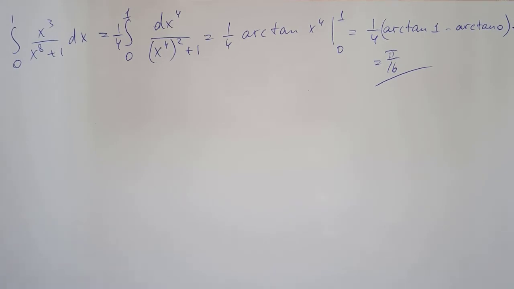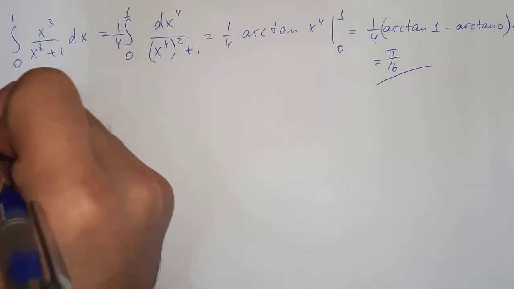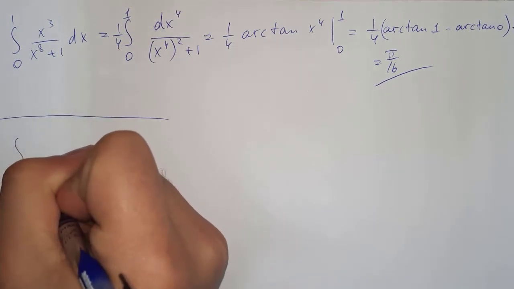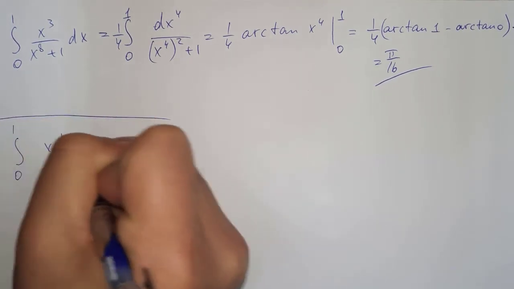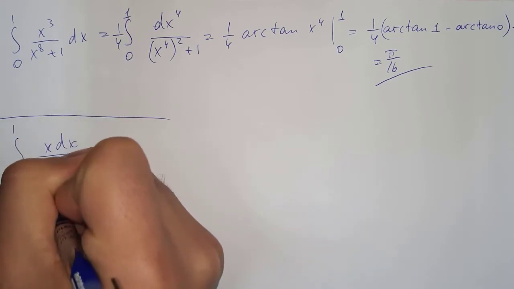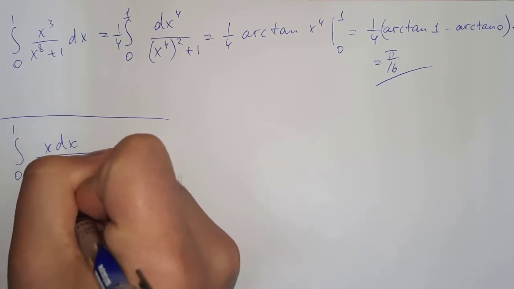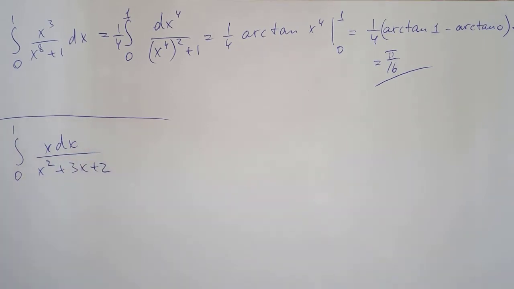And now let's consider the next example. Find the integral from 0 to 1 of x dx over x squared plus 3x plus 2. So we consider such kind of examples when we find indefinite integrals.